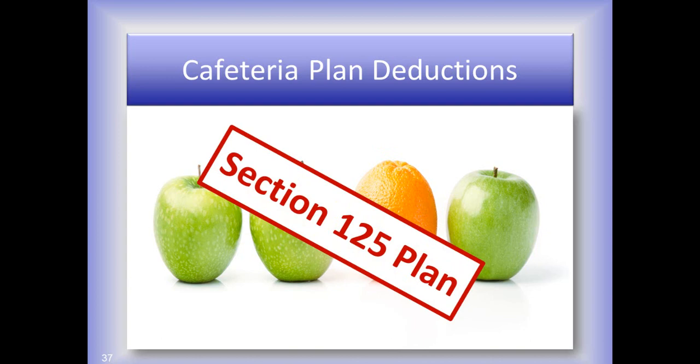It provides participants an opportunity to receive certain benefits on a pre-tax basis, which means the amount of benefit deduction is subtracted from an employee's gross earnings before certain taxes are calculated.